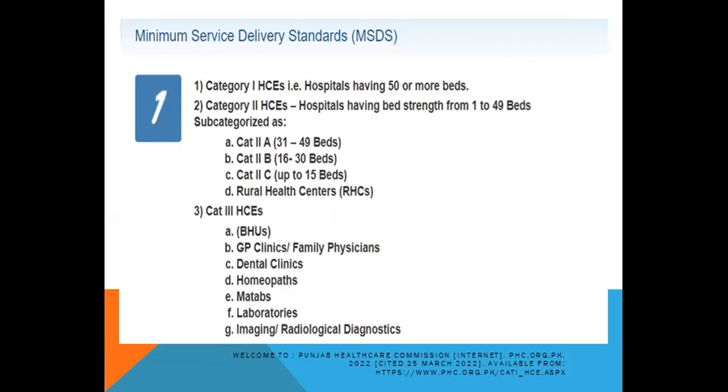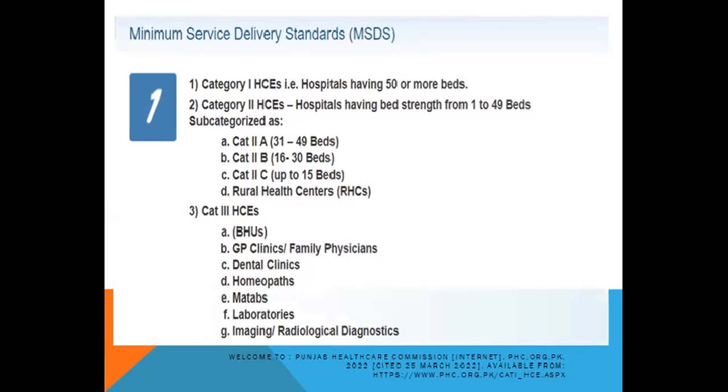Category 1 is hospitals having 550 or more beds. Category 2 is hospitals having from 1 to 49 beds. Category 3 healthcare establishments include BHUs, GP clinics, dental clinics, homeopathies, laboratories, imaging, and radiological diagnostics.